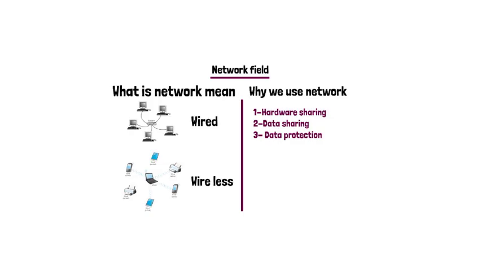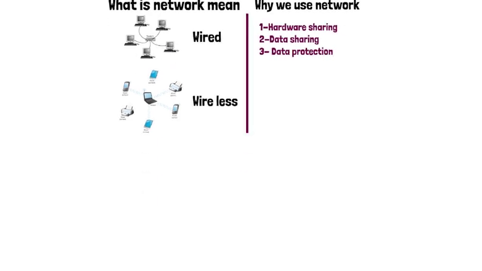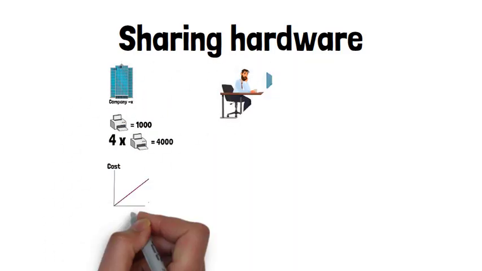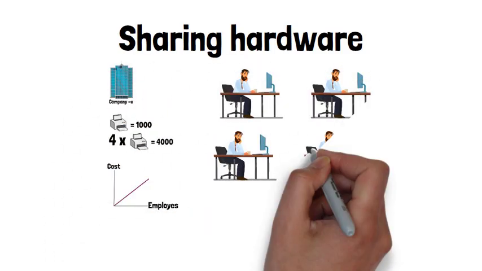We use networks mainly for three primary goals: sharing hardware, sharing data, and data protection. Of course, we will discuss each of these points in detail in the video, starting with the first one, sharing hardware. To understand this better, let's take a simple example.